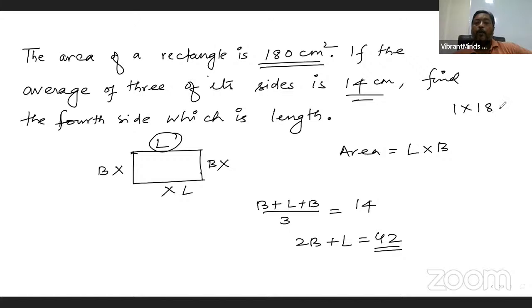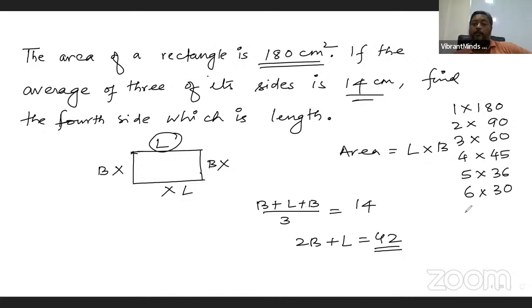Example, 1 into 180, 2 into 90, 3 into 60, 4 into 45, 5 into 36, 6 into 30, it will not go by 8, and then 9 into 20, and then 10 into 18. Lastly, 12 into 15. This is your group.